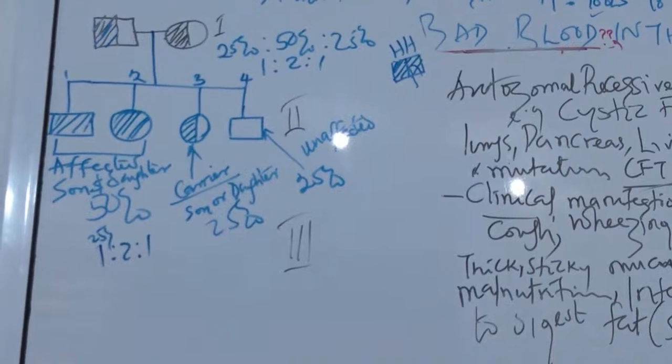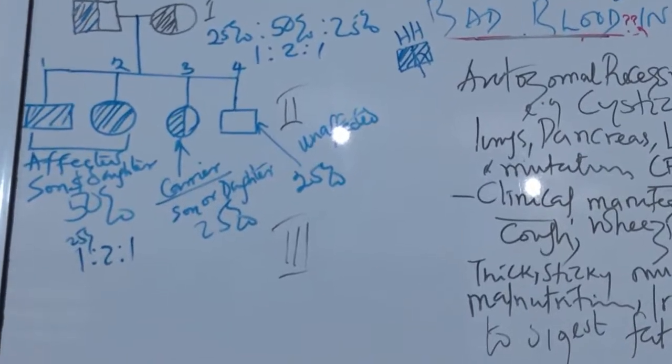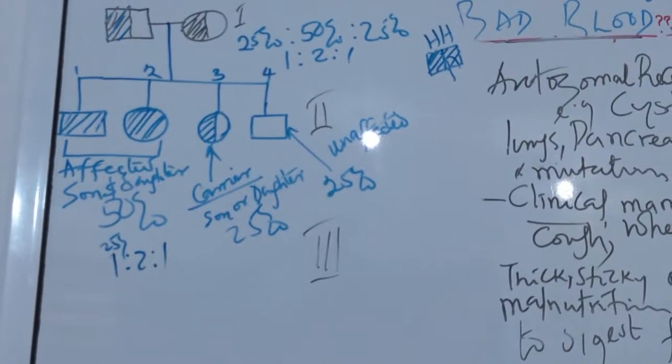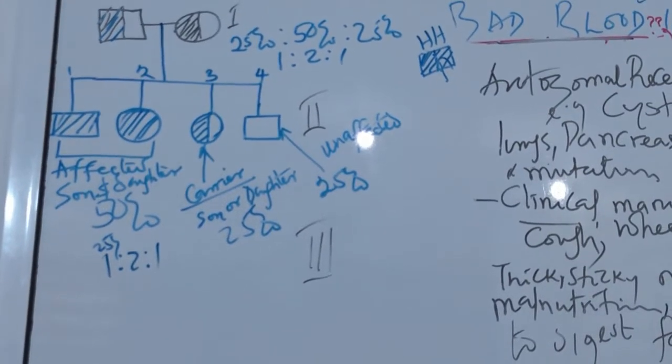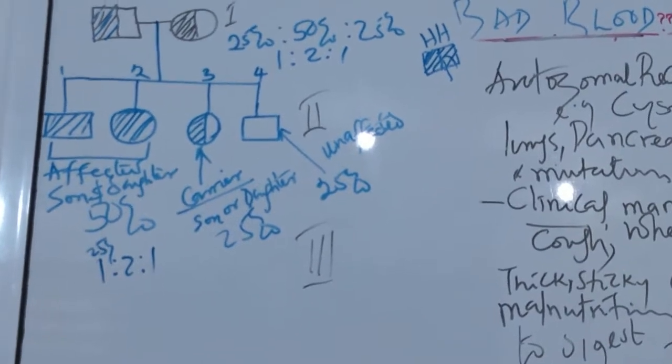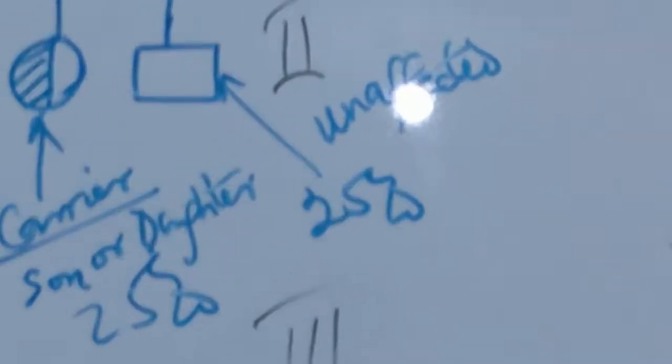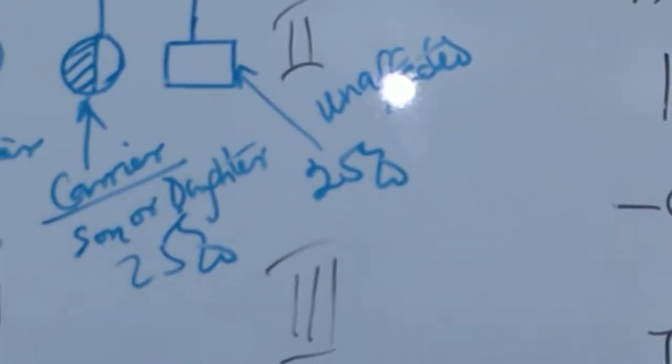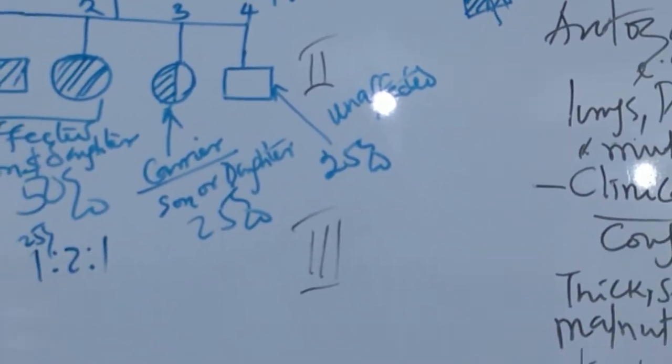The ones that are affected, those ones will be entirely different from the two parents. And those that are unaffected, they will also be entirely different from both parents.